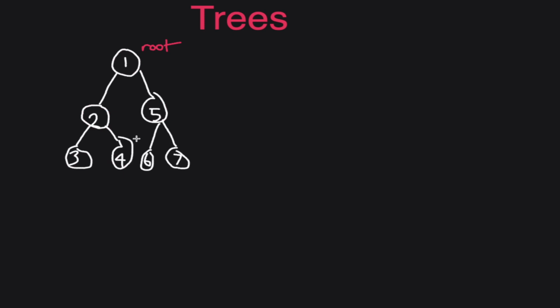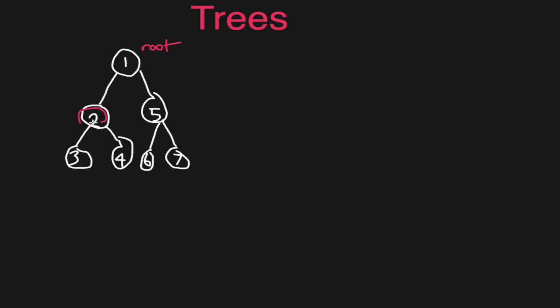Another way people refer to these things is, if you're on node 3, for example, you can refer to anything above 3 on the same track as an ancestor. So you follow the path from the leaf up to the root node, and those can be ancestors. Likewise, 1 has descendants of everything.